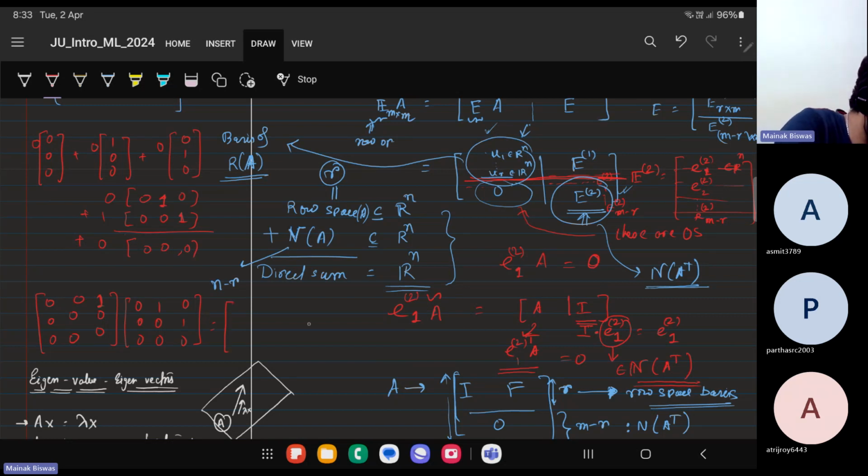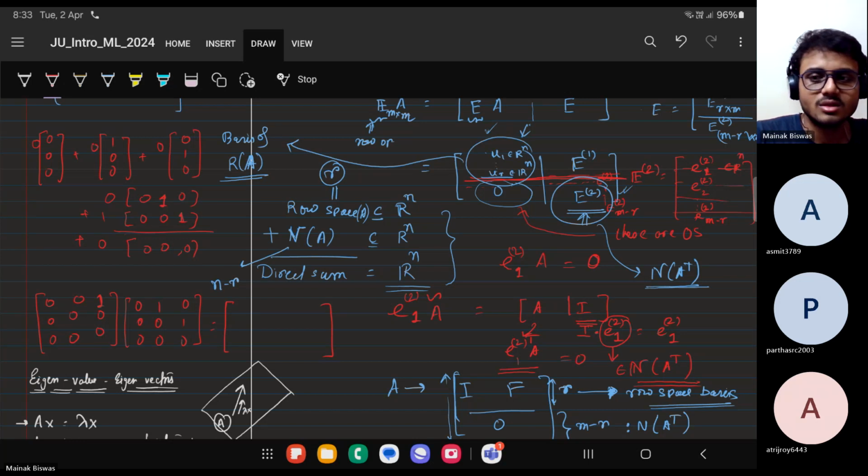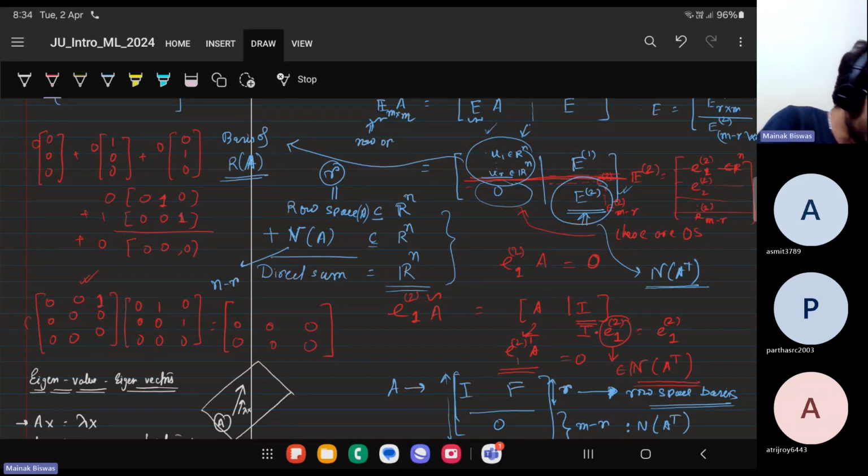This is why I told you to use row elimination or column elimination. Which one will only remain? Which is only the non-trivial column? So the first row only has a non-trivial element, right? The second and the third row are all zeros, yes or no? These two rows, if you're multiplying with the matrix on the right, you take linear combination of the matrix, it's going to be all 0, right?